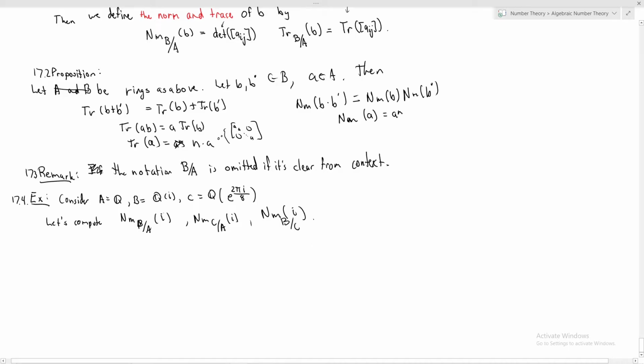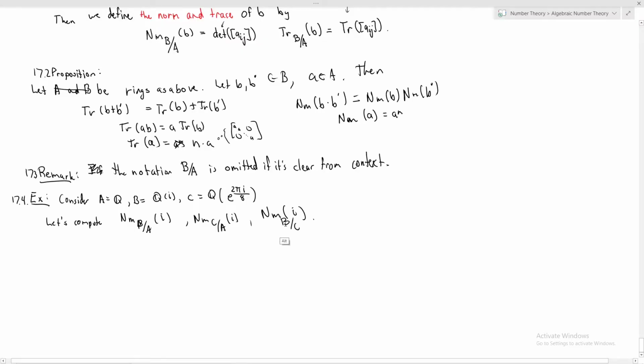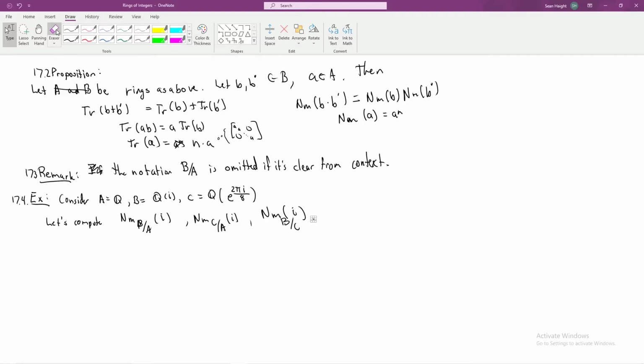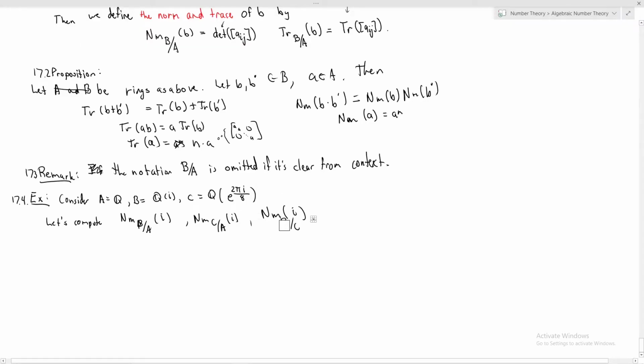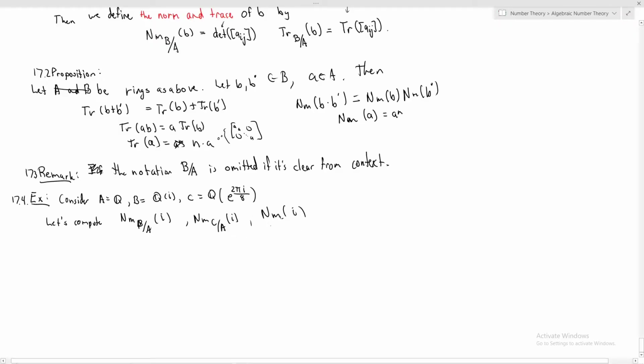Okay, so here are three. Gosh, it should be from C to B.